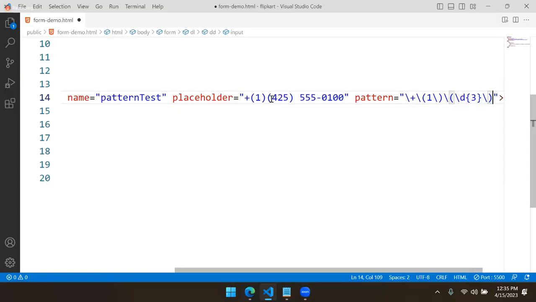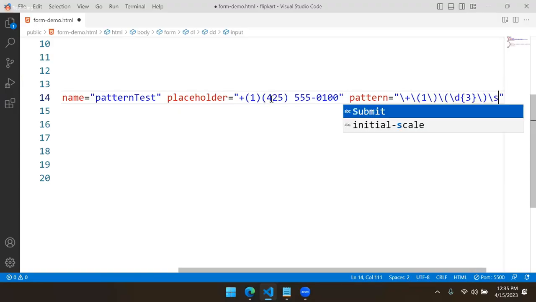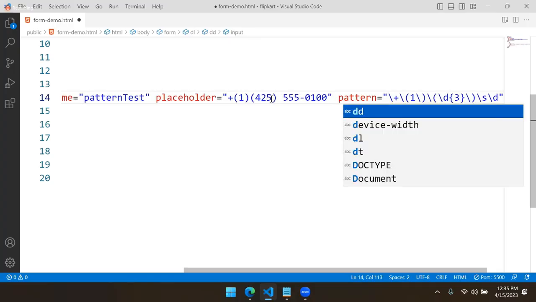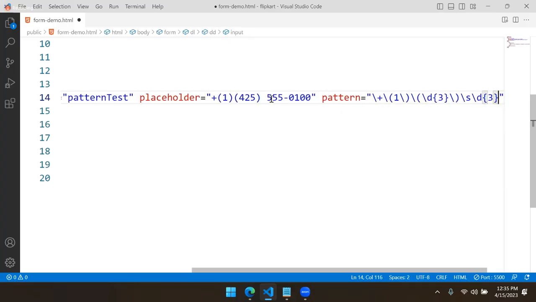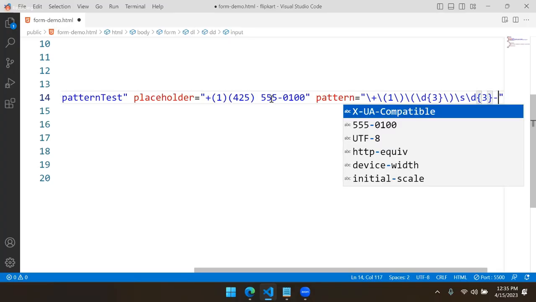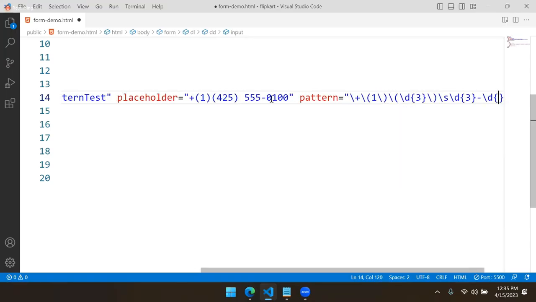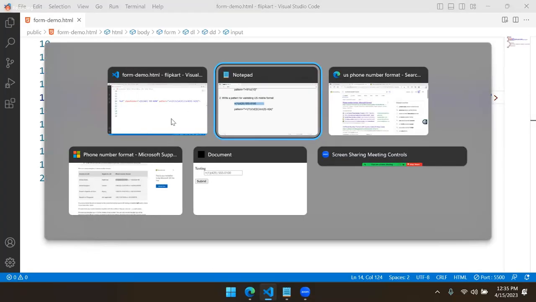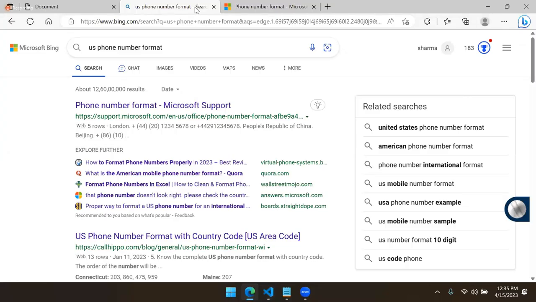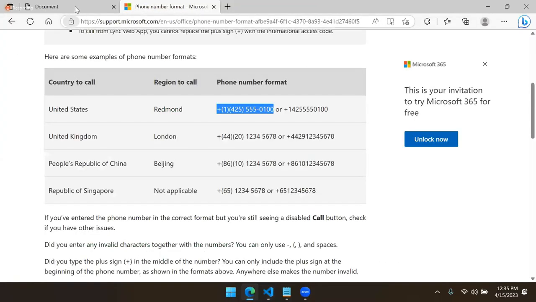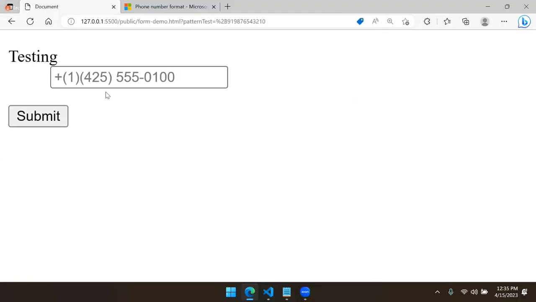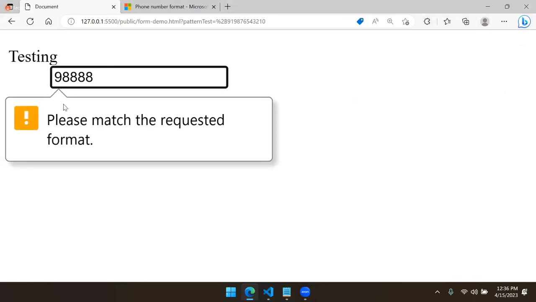After that, \s, \d, how many? 3. And hyphen \d, how many? 4. You can write like this. Now let's check this pattern here. I am writing the pattern here. That is the format. If I type some number that does not match, then it is not valid.